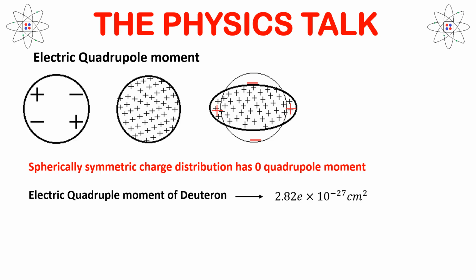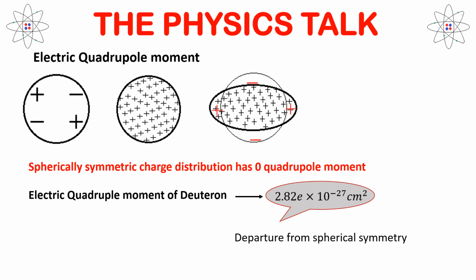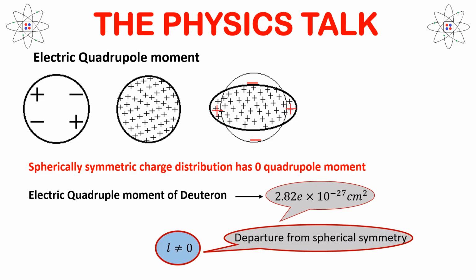This non-zero value of moment clearly indicates departure from the spherical symmetry, which in turn tells that deuteron is not in pure L equal to 0 or S state, because we know S orbital is spherically symmetric. Again, since the moment is very small, it indicates very little departure from the spherical symmetry.